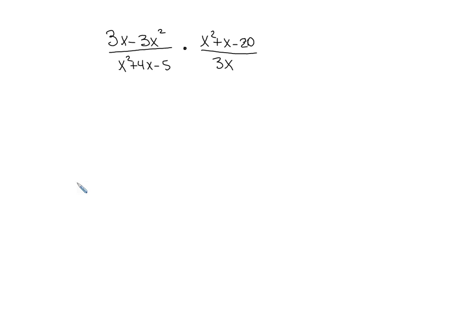What am I going to have to do before I can even think about canceling anything? Factor. Remember what I told you guys, you can't do anything the rest of this chapter without factoring. This is why. So what can I factor out of the top of the left one? 3x. What does that leave us as leftovers? What is it?